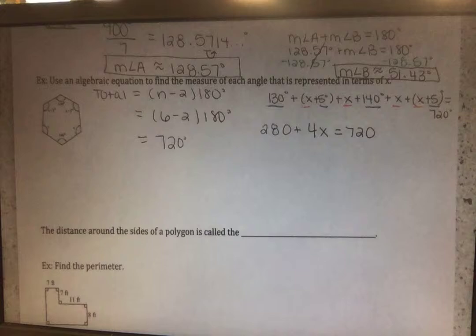So now that we know all of our sides, we can easily find the perimeter. So our perimeter is 7 feet plus 7 feet plus 11 plus 8 plus 18 plus 15.